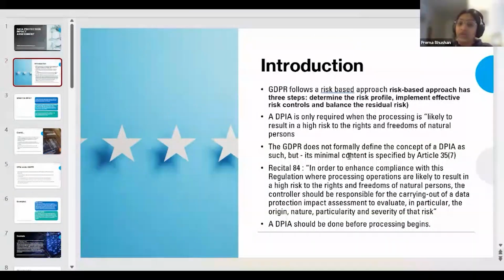So all that has to be done through a data protection impact assessment, and a DPIA should be done before processing begins. So once you have ensured that if we process data this way, the risks are less, we have been able to mitigate the risk, and the residual risk is being handled through organizational and technical measures, you can begin your processing.